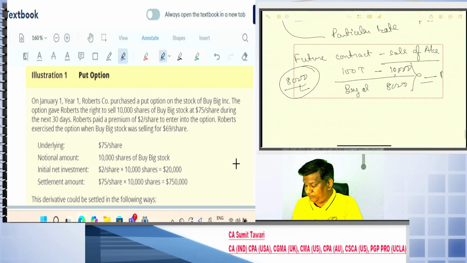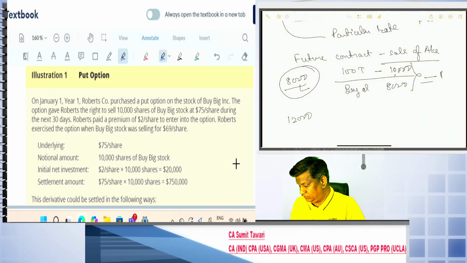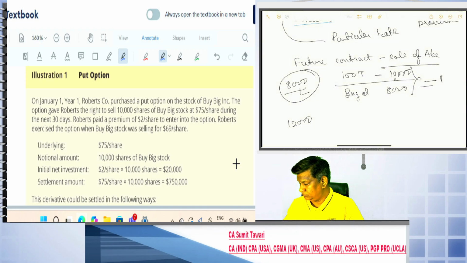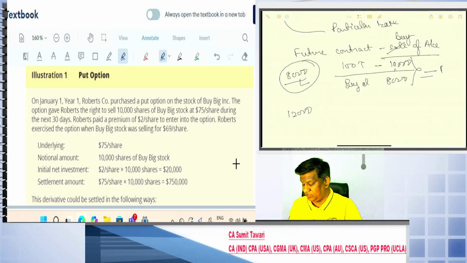If the price is 12,000, no, it is reverse actually. Instead of sell, it is buy at 10,000. In this situation, he can buy at 10,000 and he can sell at 8,000.